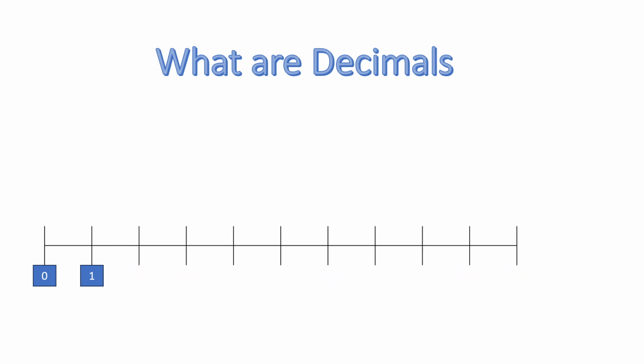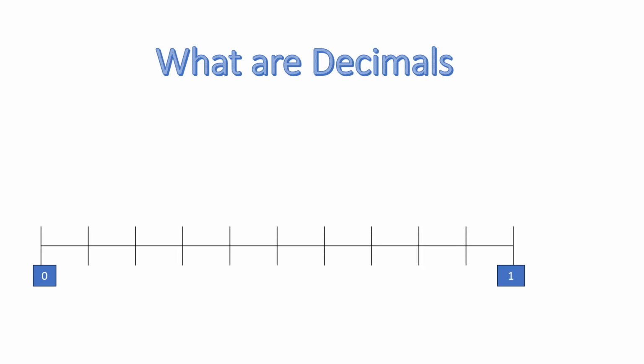Stretch this part of the line, and the length between 0 and 1, let's divide this into 10 parts. The first part after 0 will be called 0.1. So this is the first decimal part.